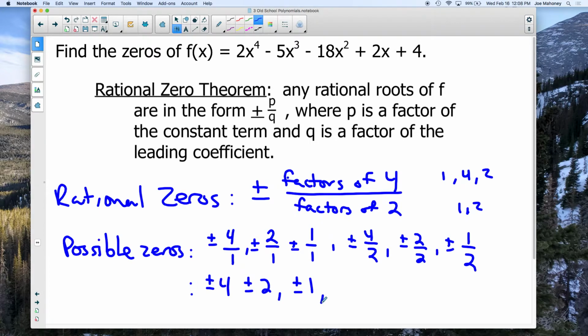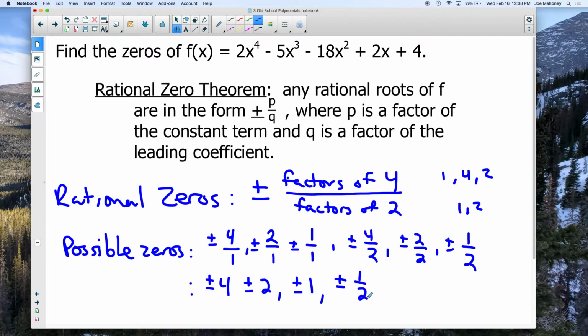But notice that 4 over 2, we already have that, it's 2. And 2 over 2, we already have that, it's 1. The one that we don't have then is plus or minus 1/2. So if there are rational zeros, we can choose from this selection of zeros. So at least we narrow it down a little bit.